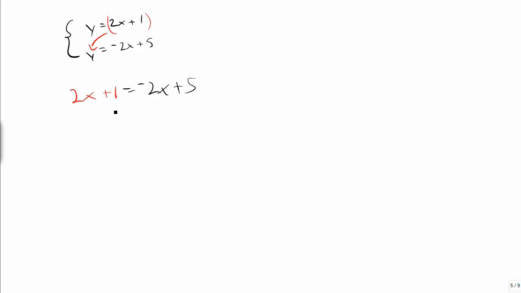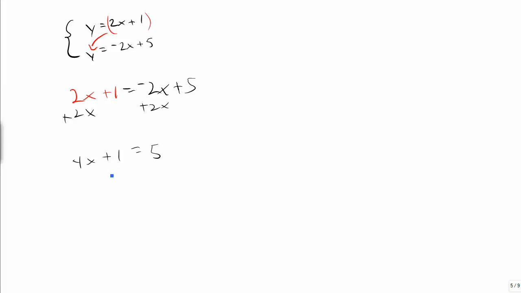Now I can solve for x. So I add 2x here, add 2x here, and I get 4x. Now why did I add 2x first? Because my first step in solving for x is to get x either all on the left side or all on the right side.